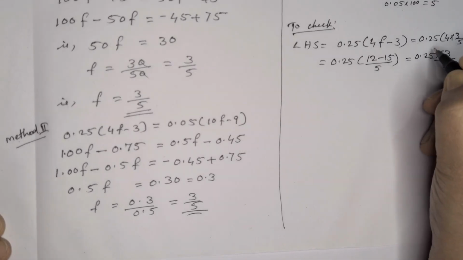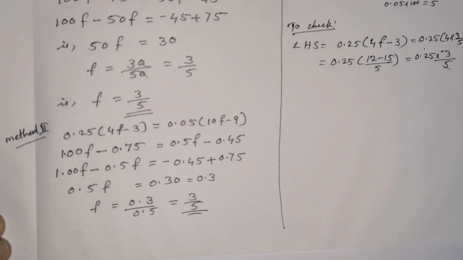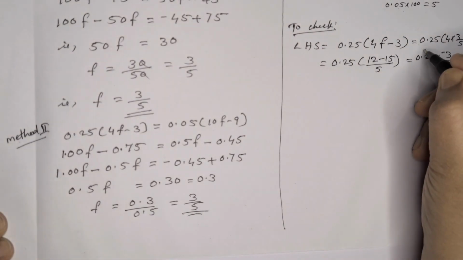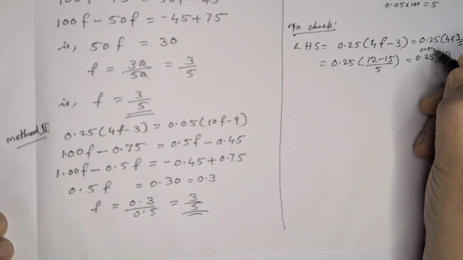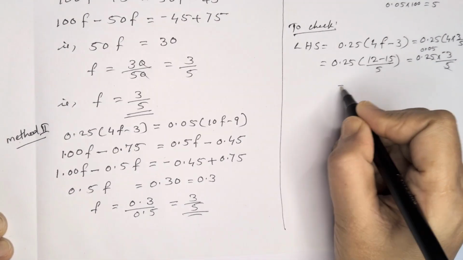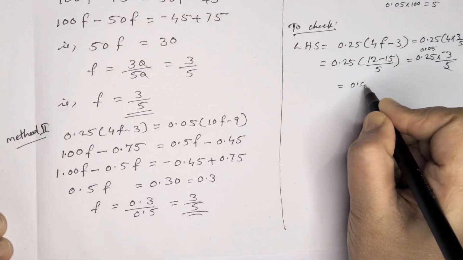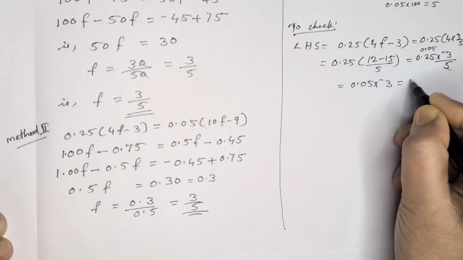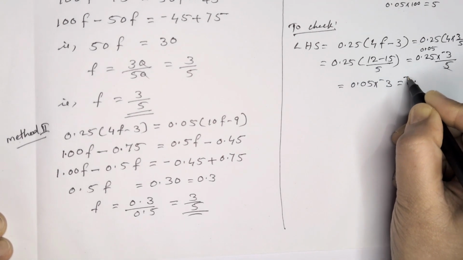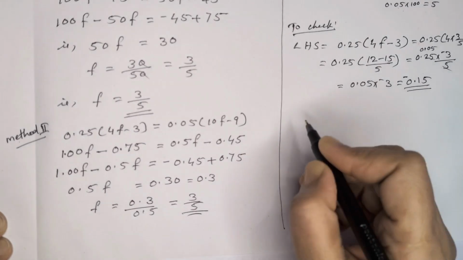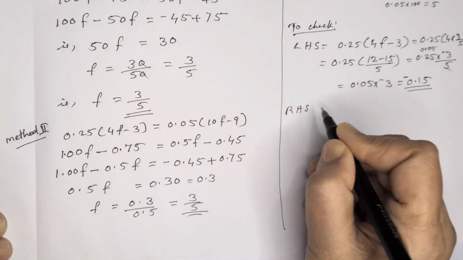We can simplify. Here we will get 0.05. So when you are multiplying by minus 3, we are getting 0.05 into minus 3 is equal to minus 0.15.